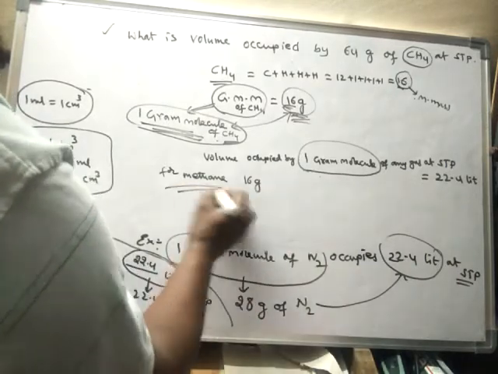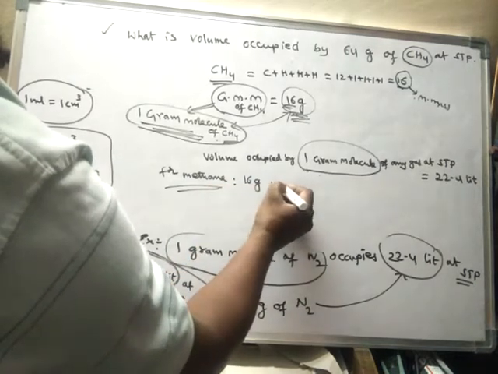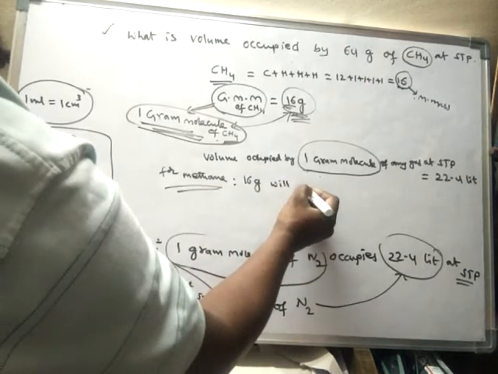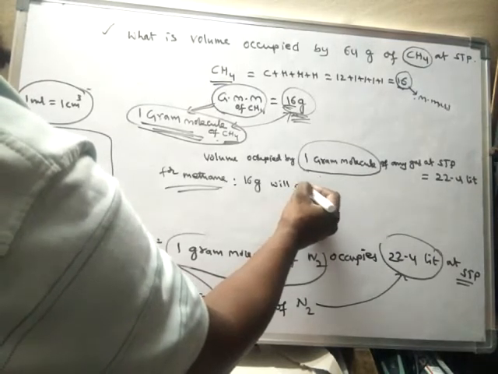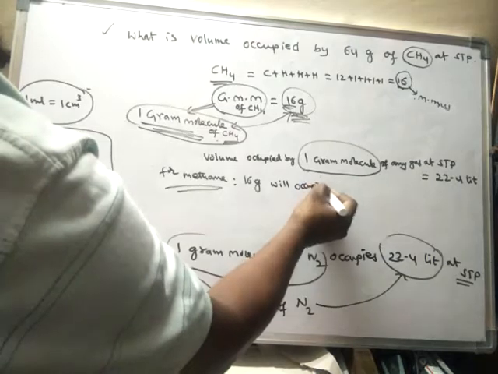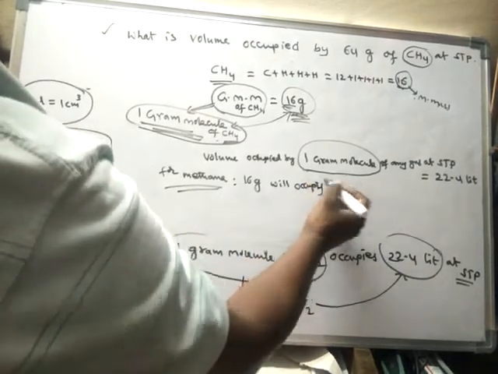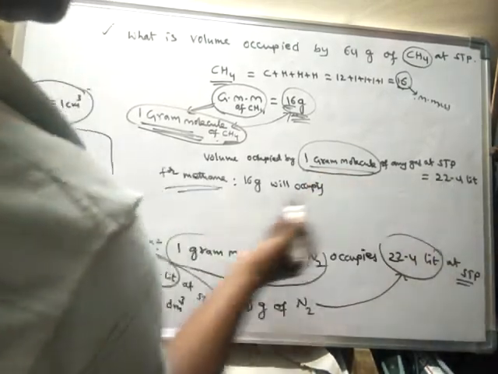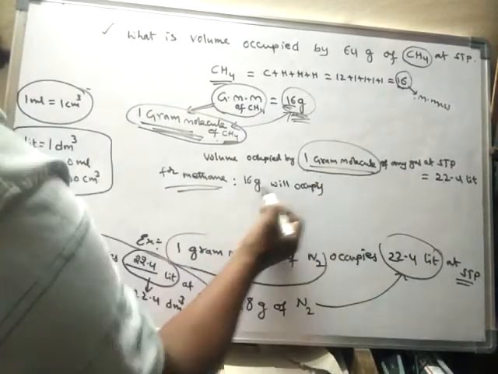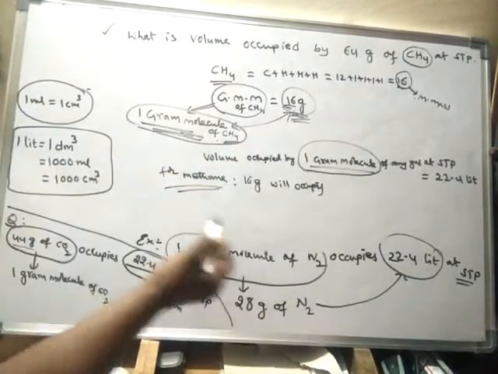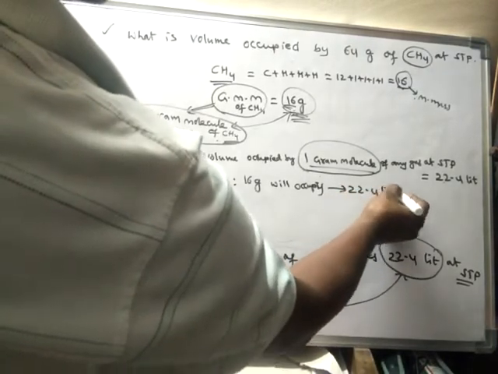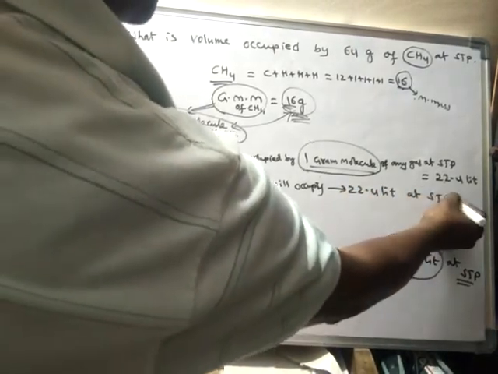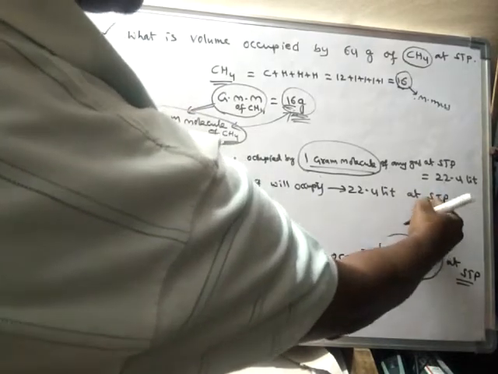Okay, for methane, 16 grams will occupy how much? 1 gram molecule will occupy this much. So for methane 1 gram molecule is equal to 16 grams, hence 16 grams will occupy 22.4 liters at STP, at standard temperature and pressure.